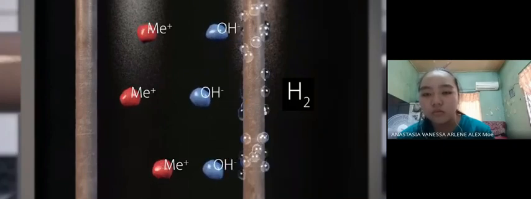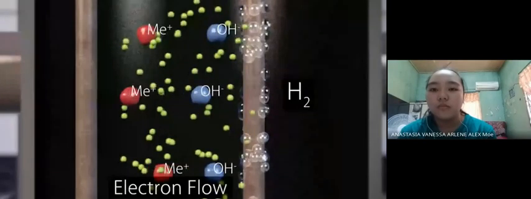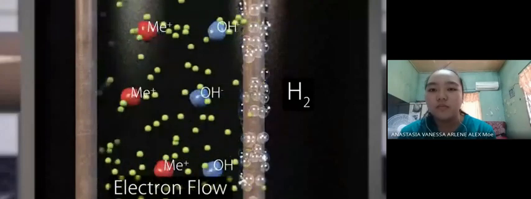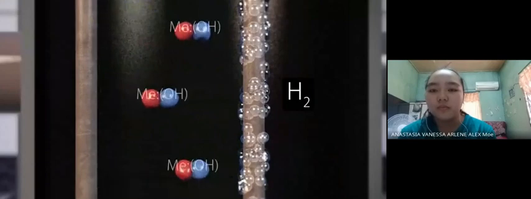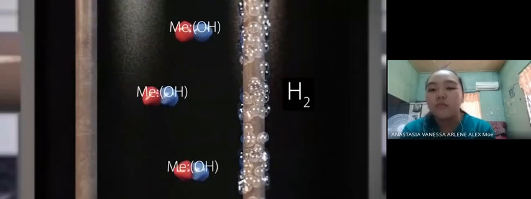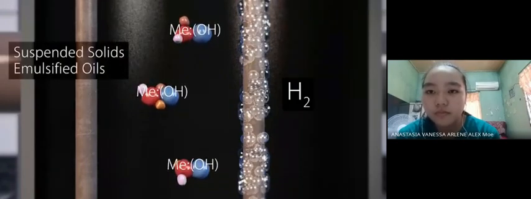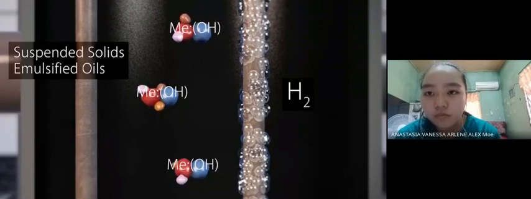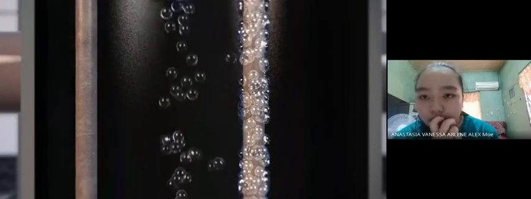And third, electrons flow freely from the cathode to the anode, which destabilizes surface charges on suspended solids and emulsified oils. As the reaction begins, metal ions complex with hydroxyl groups and form large flocks that include metals and other contaminants. Suspended solids and emulsified oils are readily entrained within the flock because of the destabilized surface charges. Finally, the hydrogen gas bubbles help to separate and lift the flocks. These cooperative reactions are what make the EC process so effective and efficient.